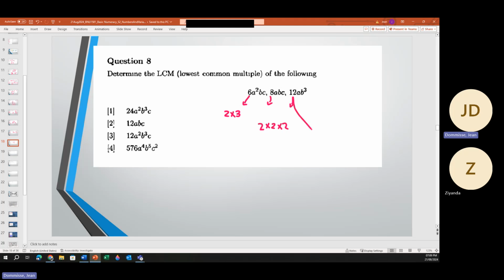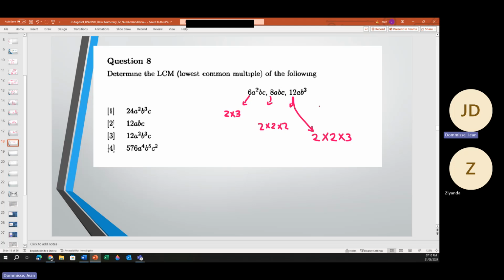Then let's break up the 12. So 12 divided by 2 is 6. 6 divided by 2 is 3. So 2 times 2 times 3 gives me 12.